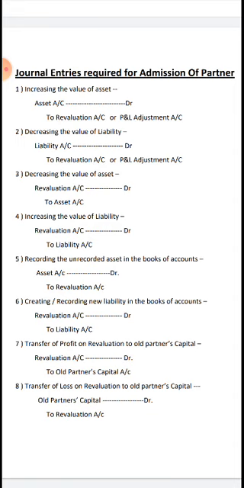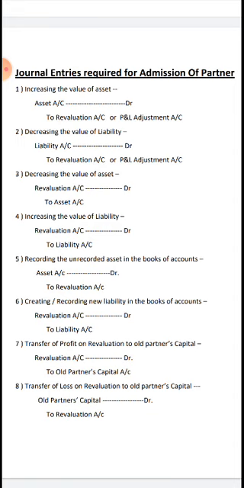Why have I specifically written old partners? Because this revaluation effect is given only to the old partners. Profit or loss, whatever is done due to revaluation, affects only the old partners' capital account. The new partner is not entitled to get any benefit or any loss out of that revaluation.